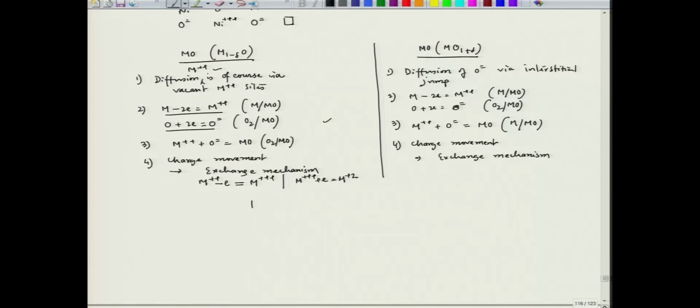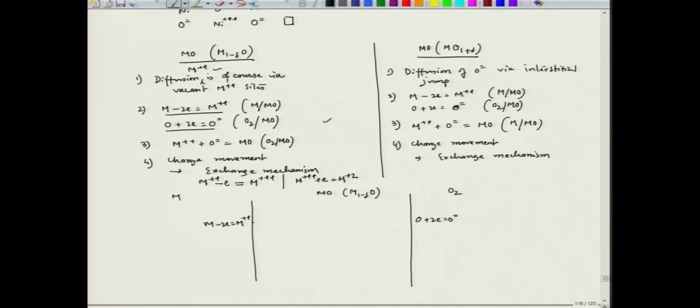Now, if I try to see graphically what happens here, if I see the two interfaces, this is oxygen, this is metal oxide, this is metal, of course, this is metal 1 minus delta O. Now, metal minus 2 electrons equal to M plus plus, and here oxygen plus 2 electrons equal to oxygen 2 minus. These two reactions are taking place.